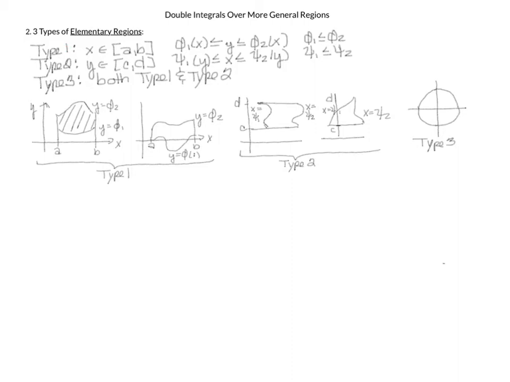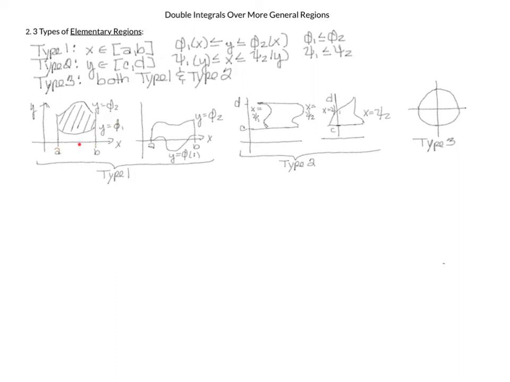The first is type 1, and that's where our variable y is bound between two functions of x, which we'll call phi1 and phi2. Here we have two examples of type 1 regions. So for our domain, we're looking at y between this function of x called phi2 and our function of x called phi1.